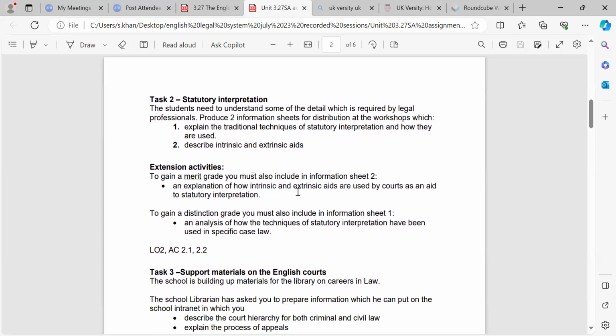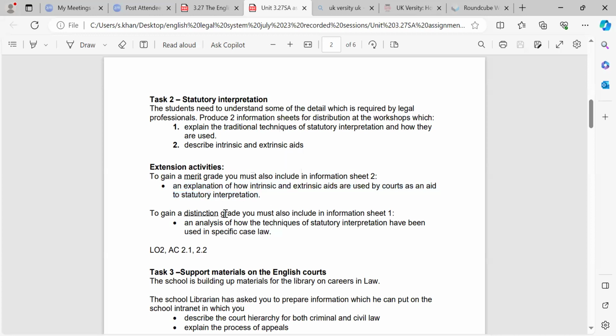To gain a merit grade, you must include the following in the information sheet: an explanation of how intrinsic and extrinsic aids are used by courts as an aid to statutory interpretation. And you must highlight that this is the merit grade. So if you've done the top 2 for pass, this is to gain a merit, okay? You must highlight that you have completed this to gain a merit grade.